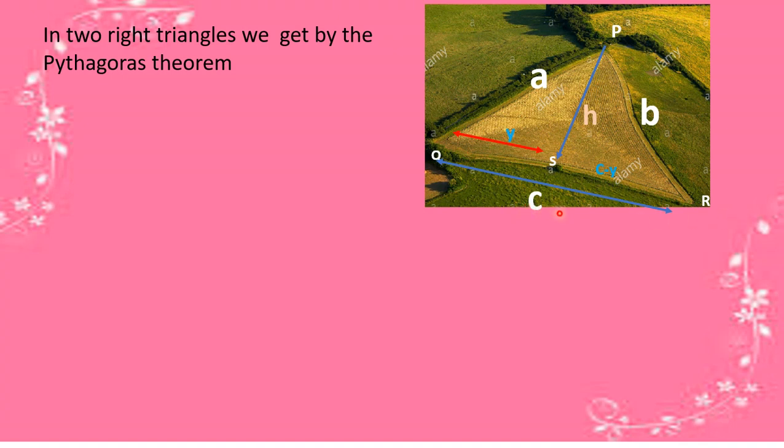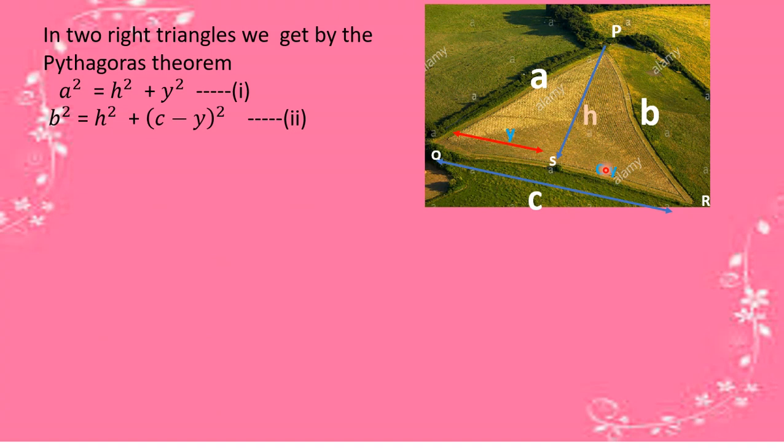So in terms of this, we can write the Pythagoras property: in the triangle PSQ, a square is h square plus y square. Similarly in the next right angle triangle PSR, we can write b square equals h square plus (c minus y) whole square.